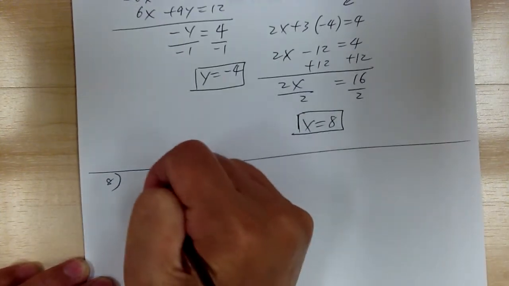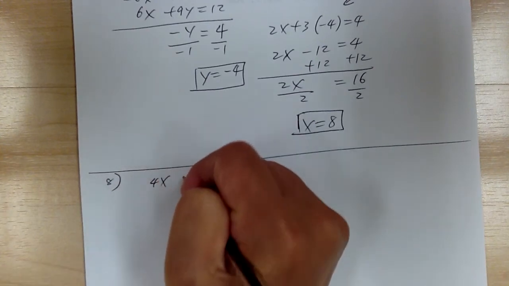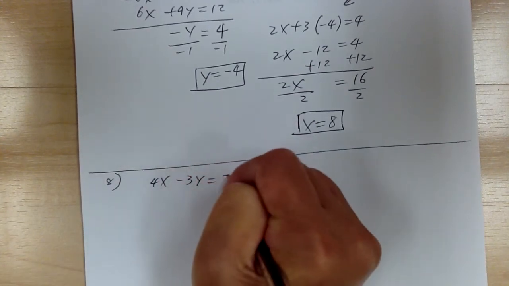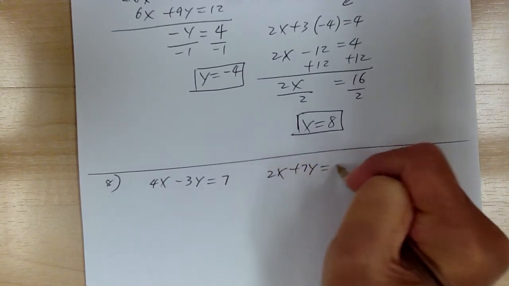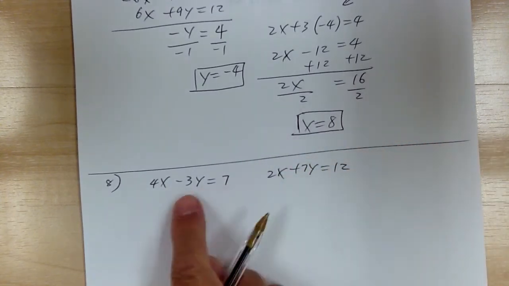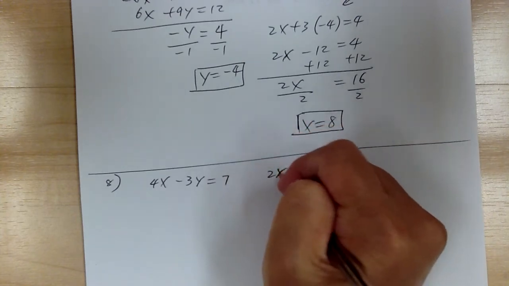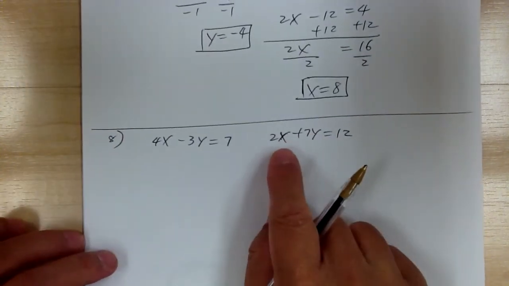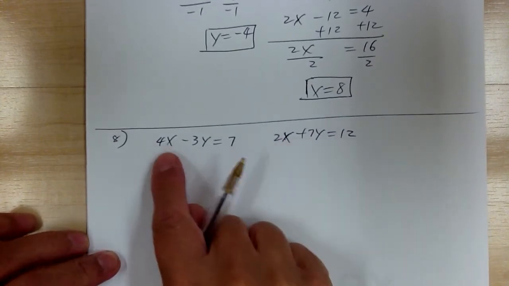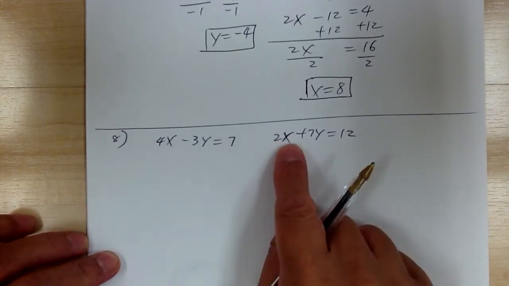Okay, number 8, you got 4x minus 3y equal to 7, and you got 2x plus 7y equal to 12. Again, make sure you write the two equations side by side so you've got room to work underneath. So this one, I'm going to make the x opposite because this is a double of that, so it is much easier.